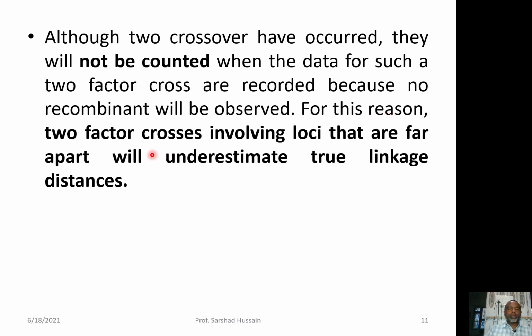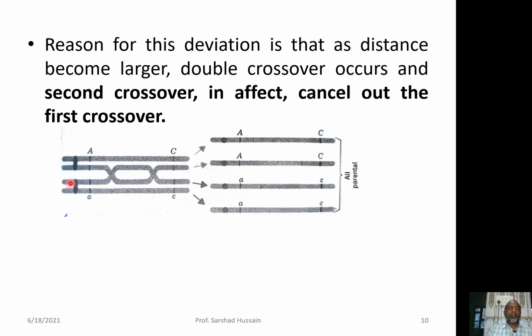Further, for this reason, two factor crosses involving loci that are far apart will underestimate the true linkage distance. Linkage distance is not exactly mapped due to this reason, because no recombinant is available with you. So, you may say that no crossing over has taken place, but the fact is that two crossing overs have taken place over there, though the second crossover has basically cancelled the first crossing over effect.